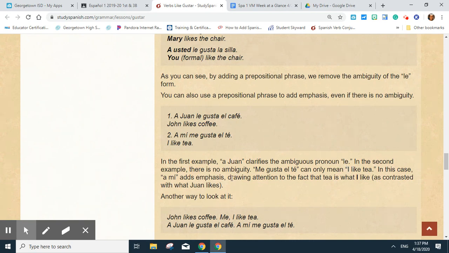In the second example, there is no ambiguity because me gusta el té can only refer to who? To me, I like the tea. In this case, a mí adds emphasis, drawing attention to the fact that the tea is what I like, as contrasted with what Juan likes.